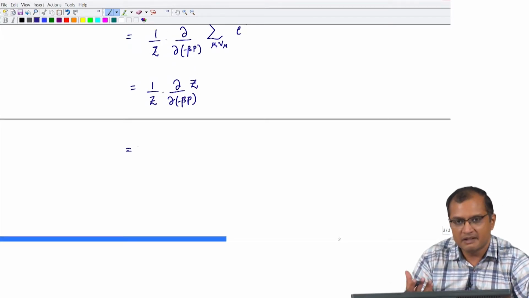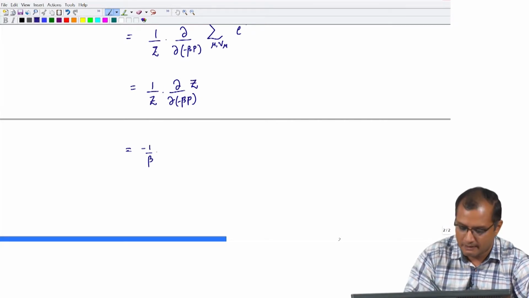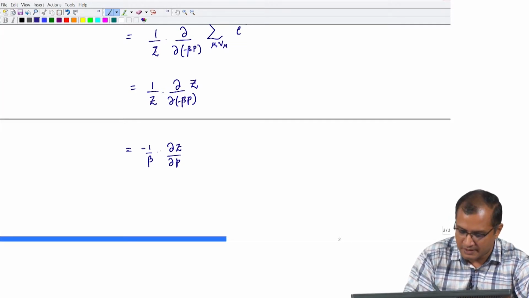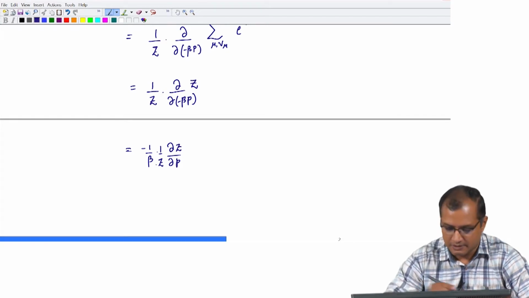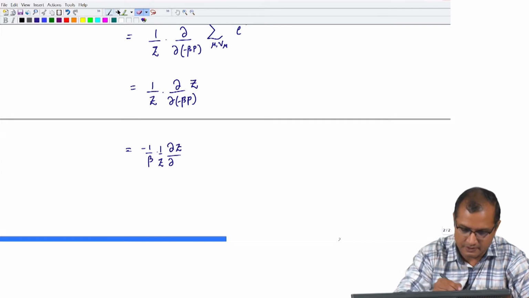Since beta is anyway a constant here, I am going to take it out as minus 1 over beta dZ by dP, and there is a 1 upon Z here. Okay. This is a pressure, not a small p, so I am going to use a capital P here.